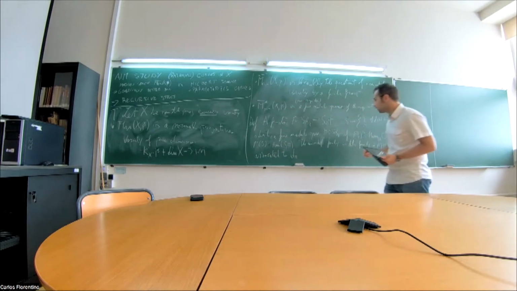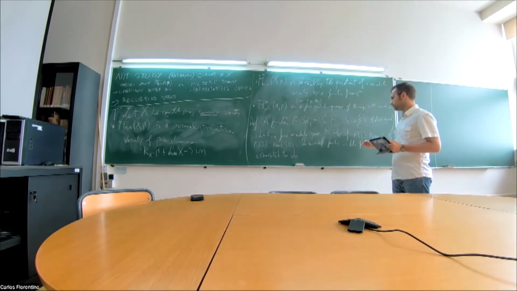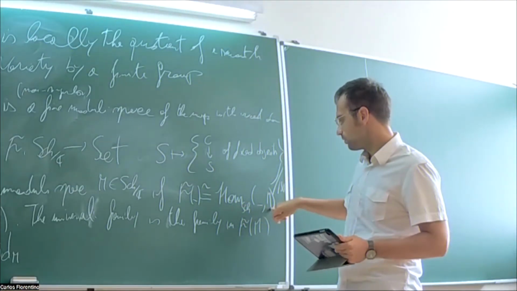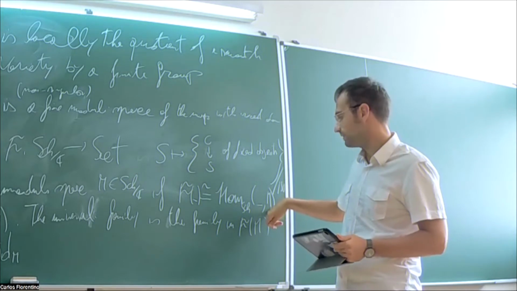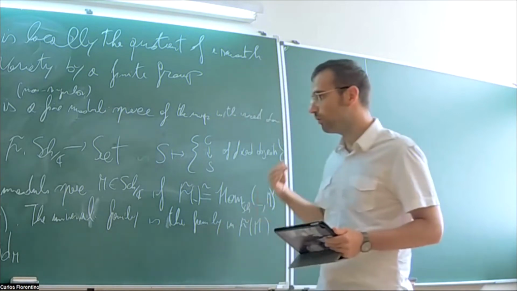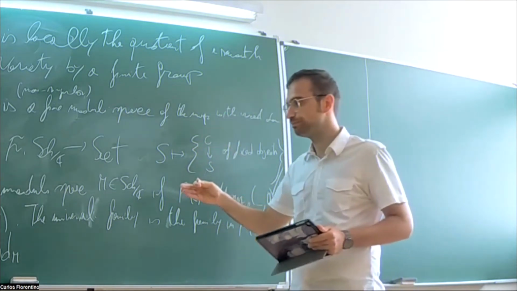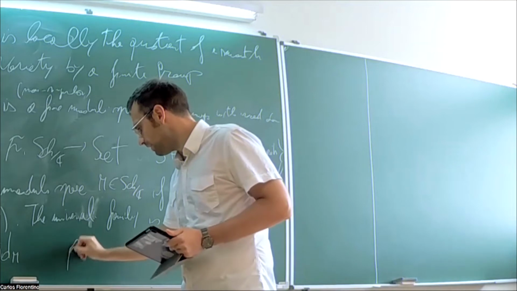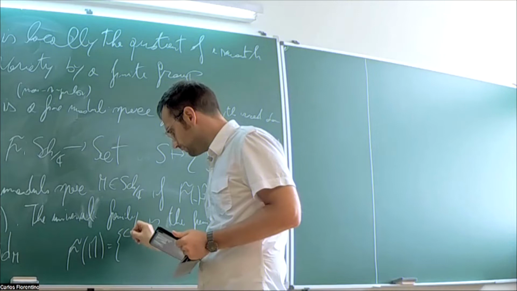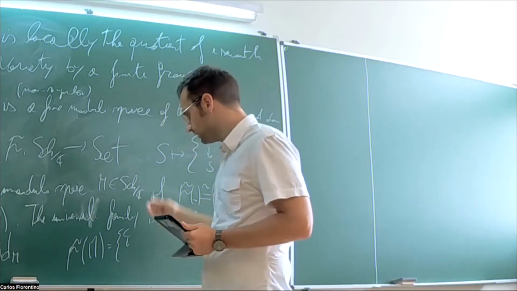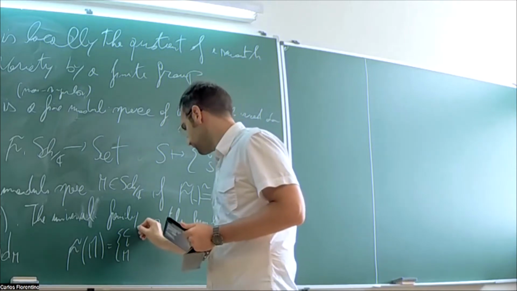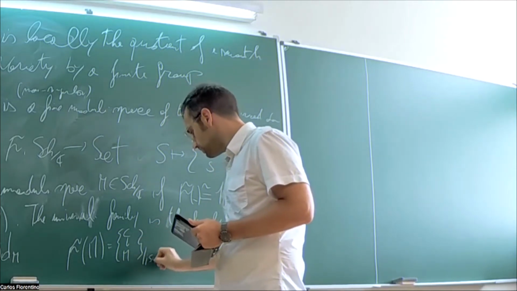What do I mean? I have an isomorphism of functors between this functor and Hom(-, M) with respect to a fixed M, where M is a scheme. Then I can compute F at M. So I have F of M, the set of all families over M, modulo isomorphism.